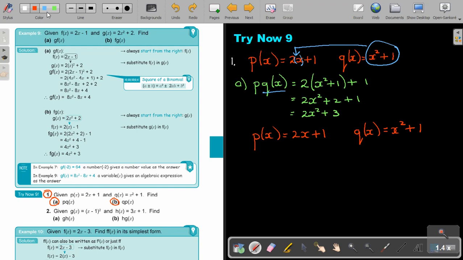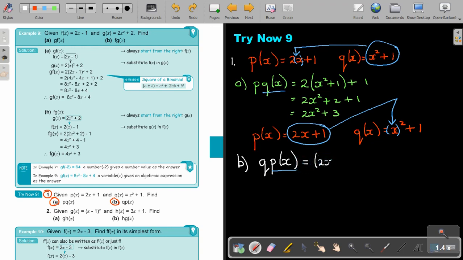Okay, and now I'm going to have number B. Now again, I'm asking you to find q(p(x)). Now remember, always from the back, from the right. So go to p(x), there is p(x). Make a circle on the right hand side, and then throw it in the place of x. So if I'm writing that down, I focus here.